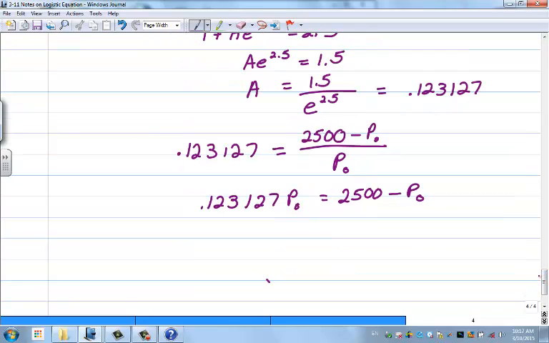And then we just manipulate this. We'll move the P0 to the other side. We'll factor out a P0. We'll divide. And finally, we get 2,225 carp equals P sub 0.